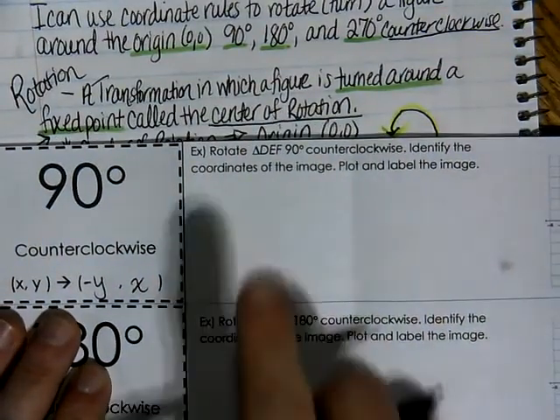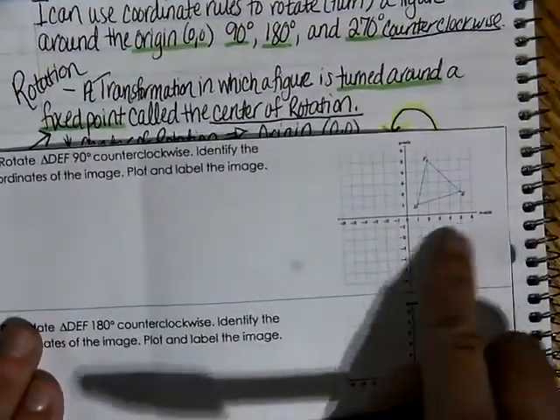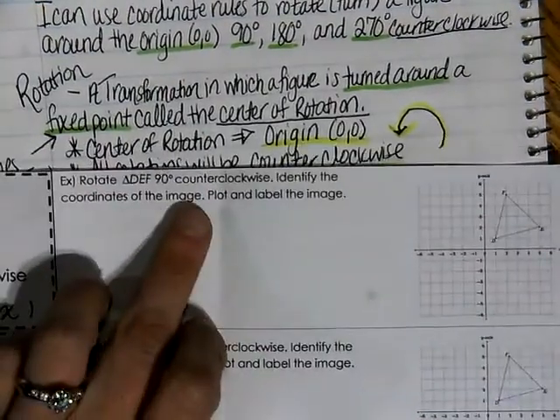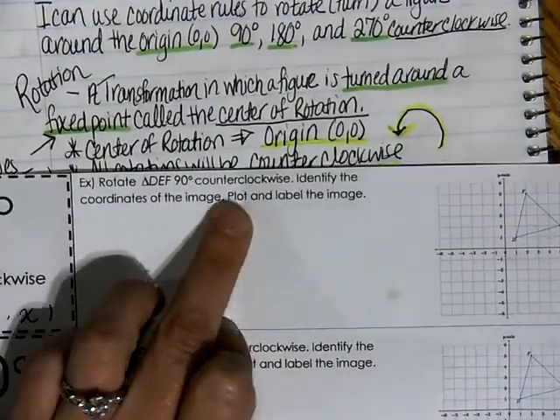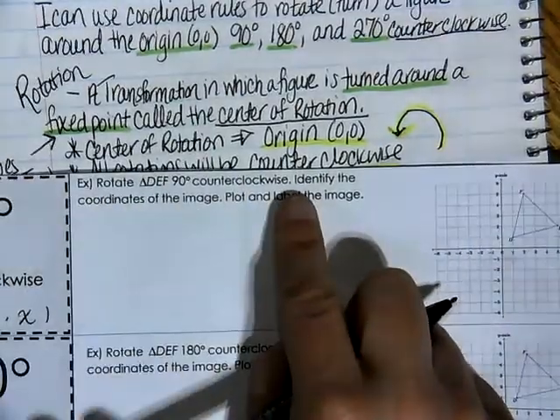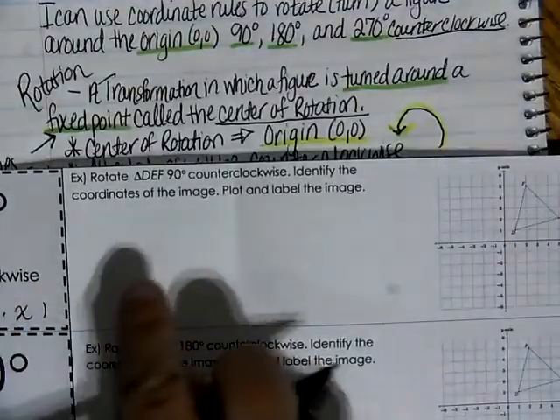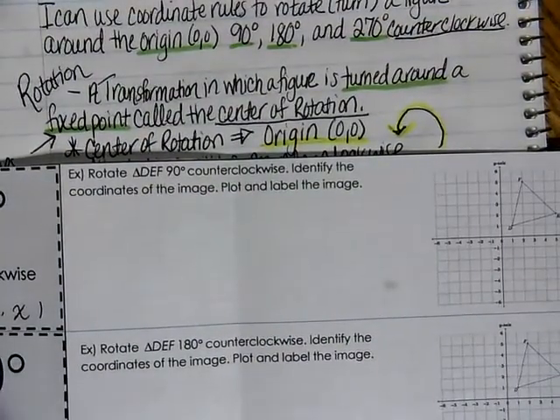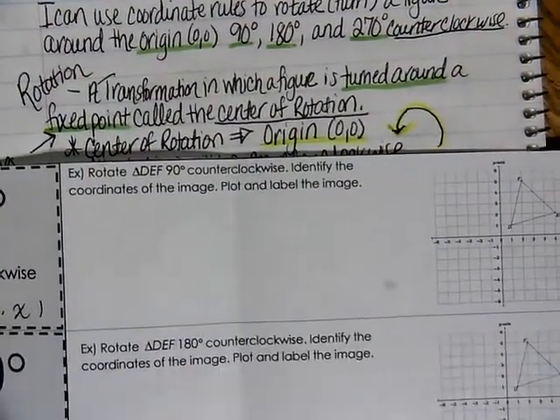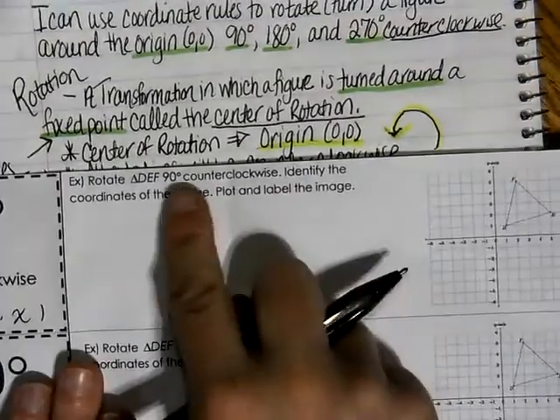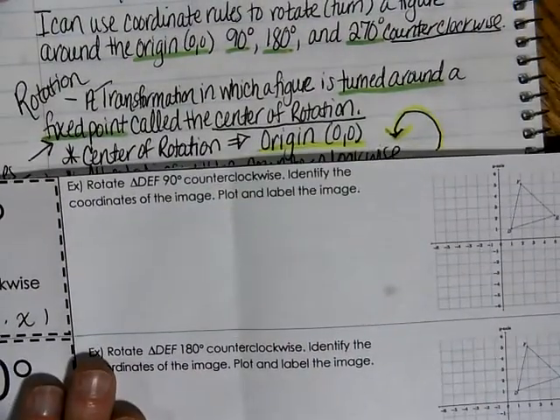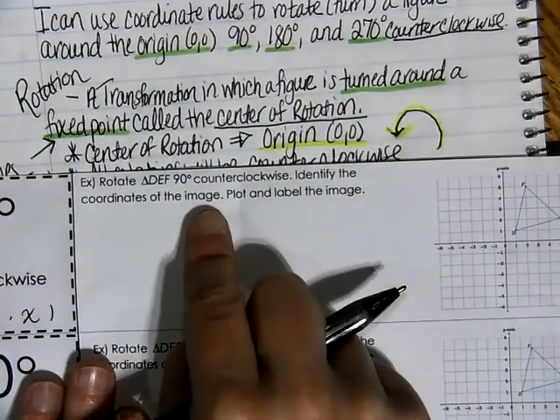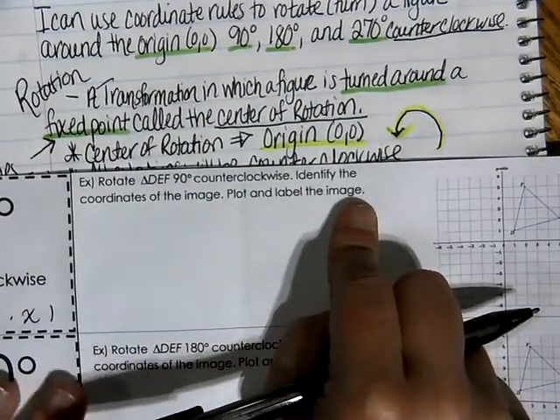In this example, we want to rotate this triangle DEF 90 degrees counterclockwise. Counterclockwise will always be in there because you can rotate clockwise. It just depends on what the class or the question is asking you to do. But for our class, it will always be counterclockwise. And then I want you to identify the coordinates of the image and plot and label the image.